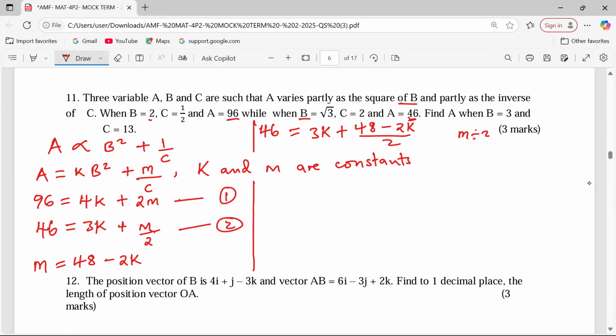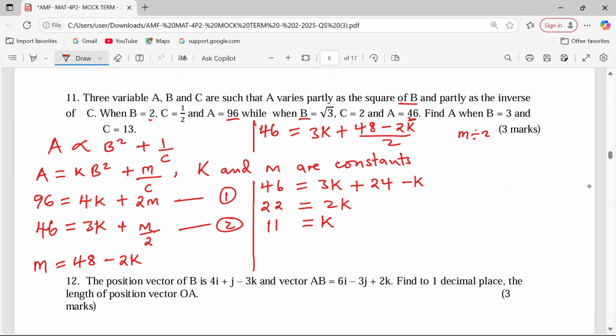That way, this shall be 46 equals 3k plus 24 minus k. See, 2k now equals, when we take 46 and subtract 24, I'm getting 22. So the value of k becomes 11.